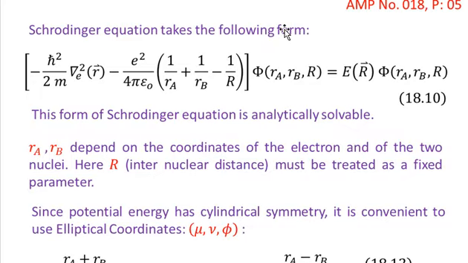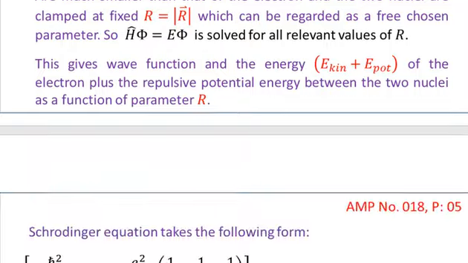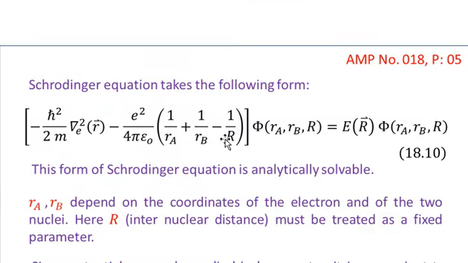So our simplified Schrodinger equation is minus h bar squared over 2m, and now we have del squared as a function of r, and then a minus e squared over 4 pi epsilon naught, and then of course 1 over RA plus 1 over RB minus 1 over capital R. And I have the values of RA and RB provided by equations number 6 and 7, which are RA is equal to r plus half capital R and RB is equal to r minus half capital R. So we can plug in these values of RA and RB and solve this Schrodinger equation.